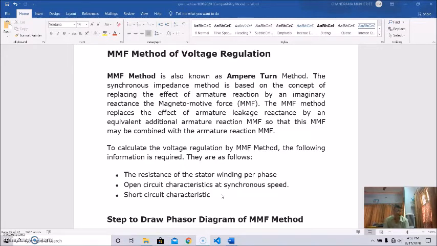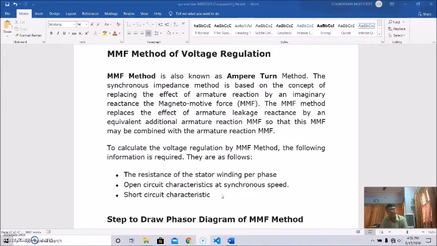The key point for calculating the voltage regulation by the EMF method is to calculate this synchronous reactance. Since this synchronous reactance or synchronous impedance is the deciding factor for calculating the voltage regulation, that's why this method is also known as the synchronous impedance method.